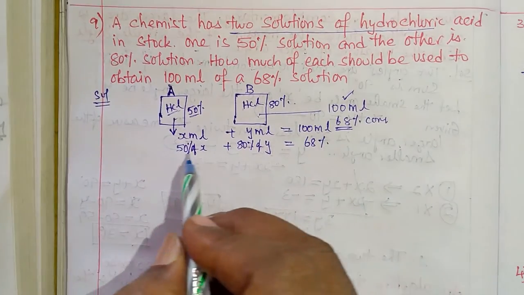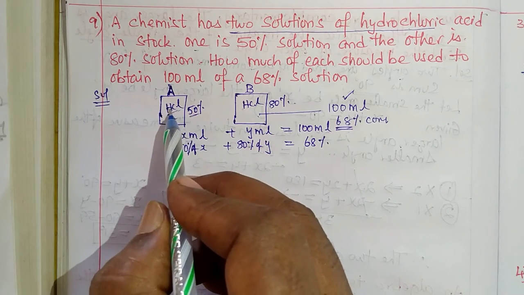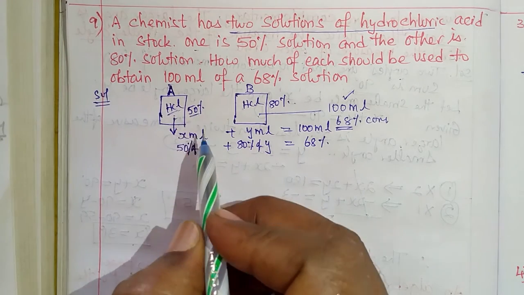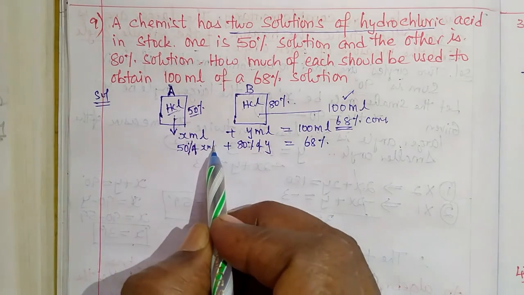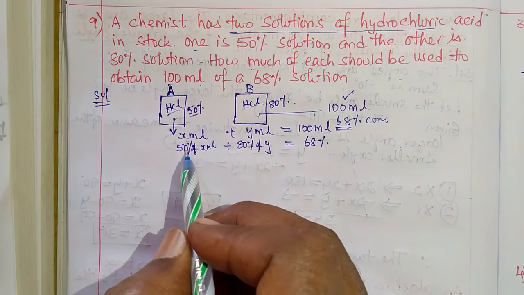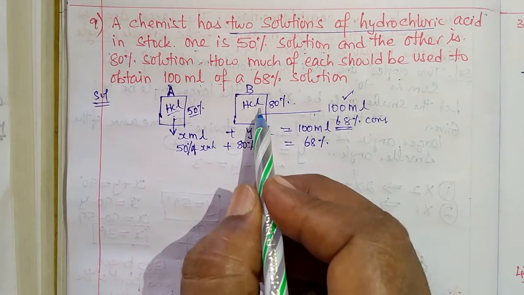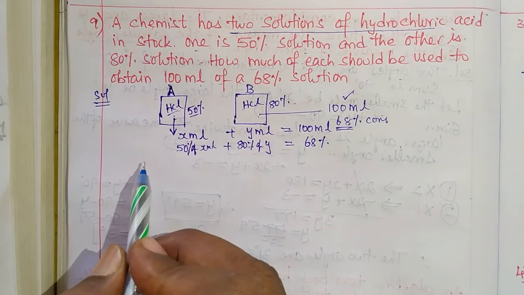You see the second equation here. So in this bottle of hydrochloric acid, what is the concentration? 50%. From 50% concentration I am taking X ml. From this X ml it must be 50% concentration. From here it must be 80% concentration.